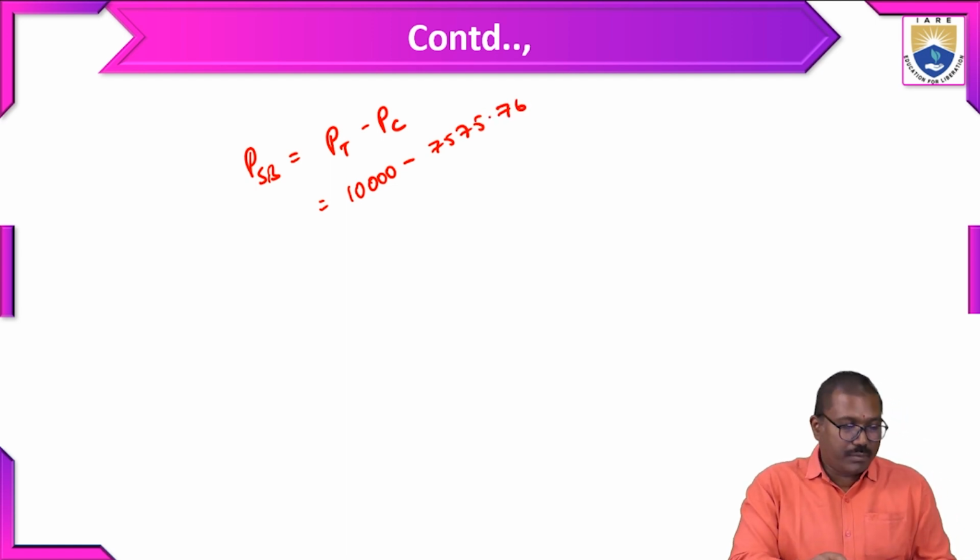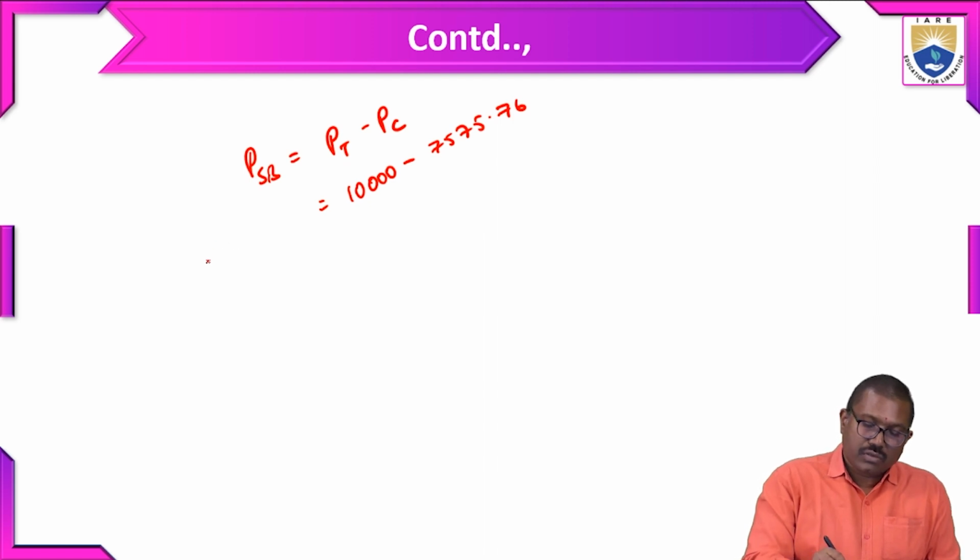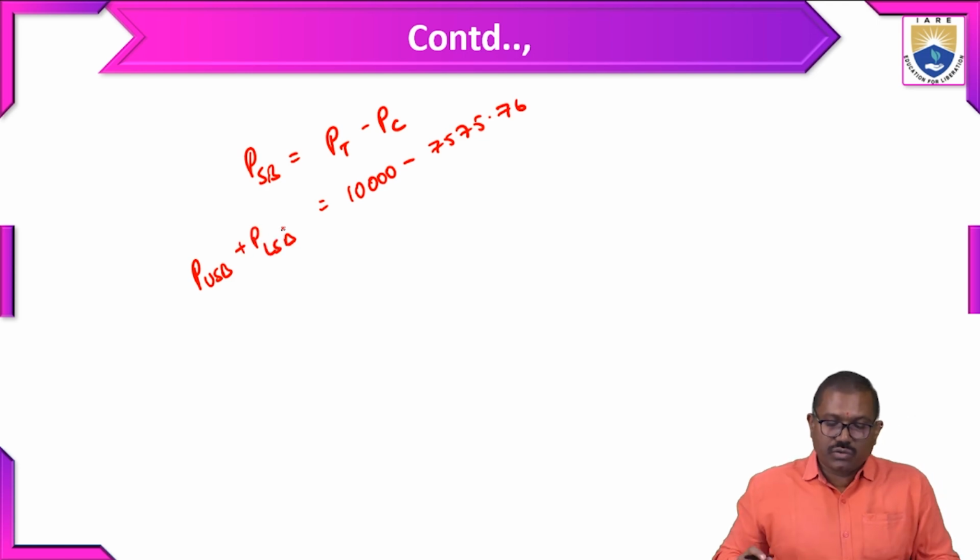So this is the sideband power, that is P_USB plus P_LSB, the upper sideband plus lower sideband. That is the two sideband power.